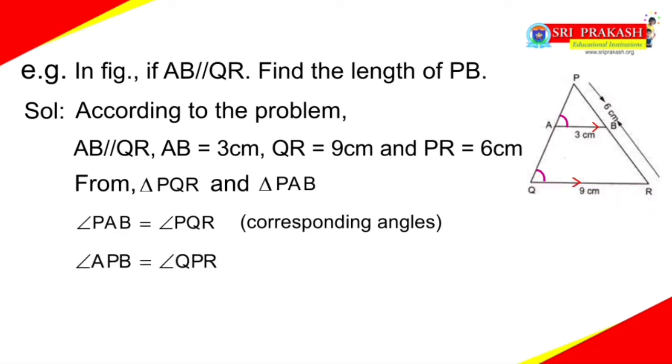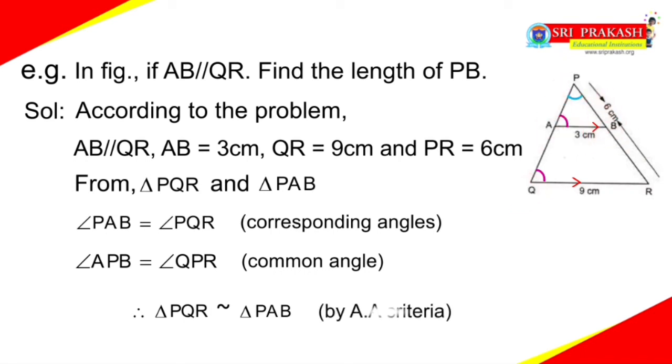Next, angle APB is equal to angle QPR, since it is the common angle for the two triangles PAB and PQR. Therefore, triangle PQR is similar to triangle PAB by AA criteria.